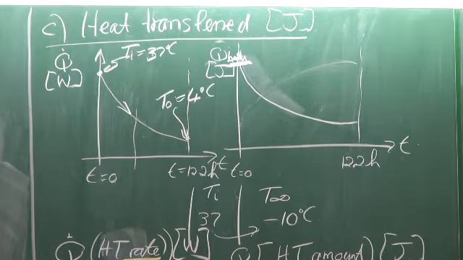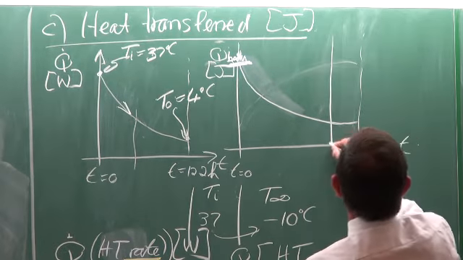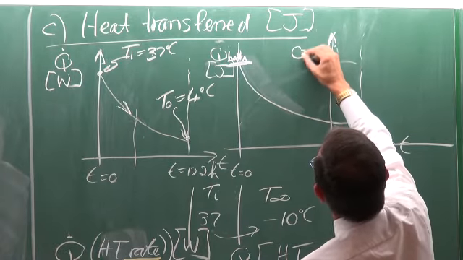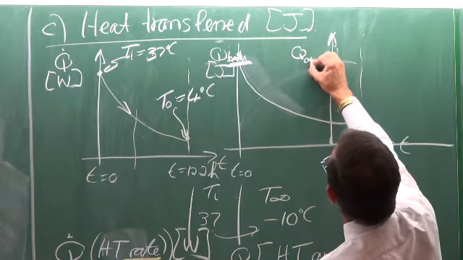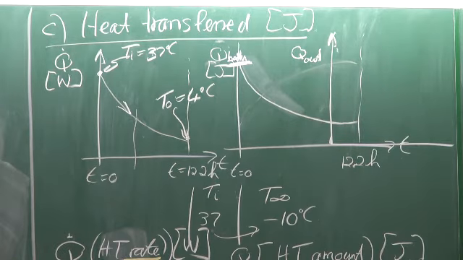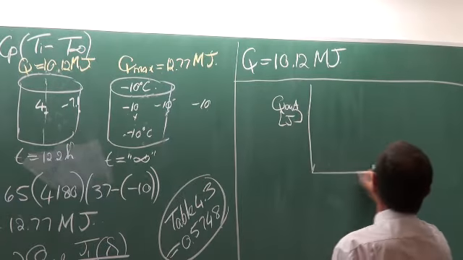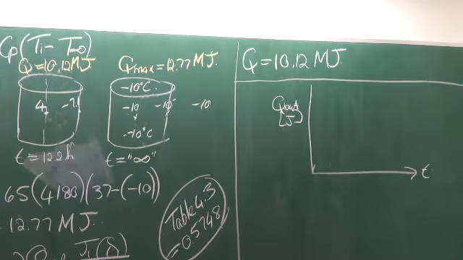So let's produce a third graph, which we can say is the heat transfer out of the body. Q out in terms of joules, in terms of time.